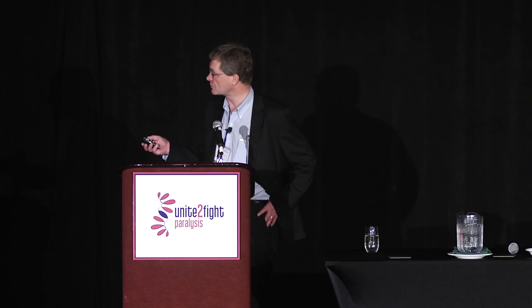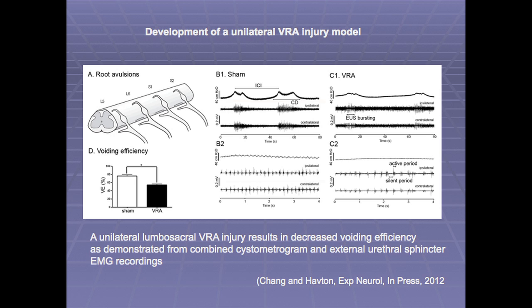So what we did here was a unilateral, or one-sided, lesion of the roots, with the opposite side being intact. This is an interesting lesion because the animals don't need any particular bladder care after the injury, and they are perfectly fine. They can empty the bladder. They don't need to be expressed, as we say, equivalent to humans being catheterized and so forth.